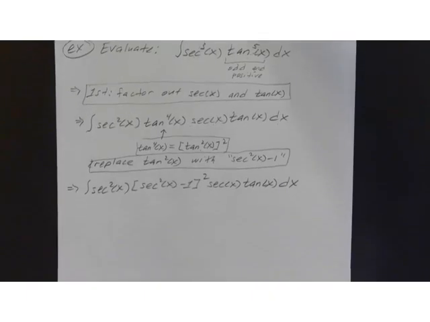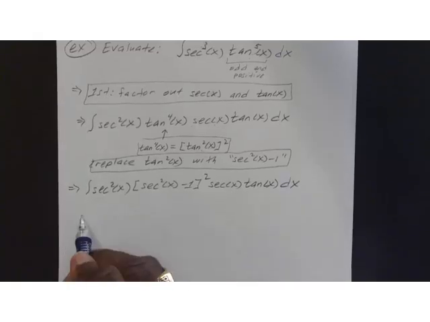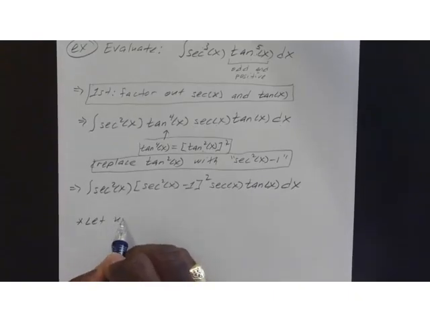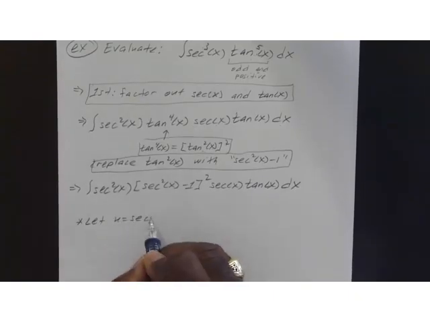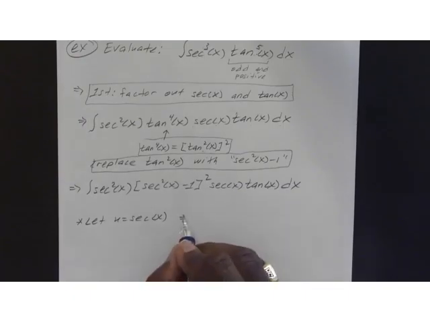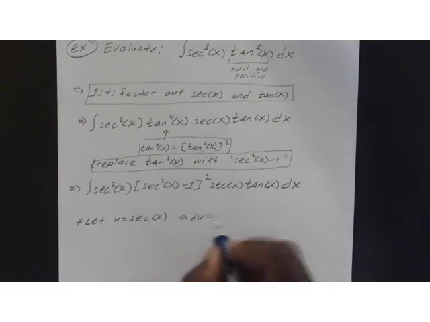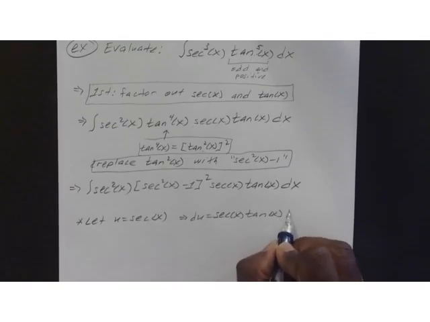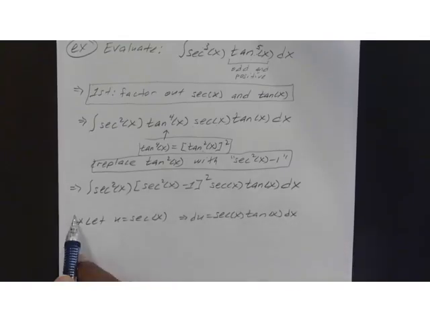All right, so I'm going to give it a little bit of room because I'm going to mark over there. We're going to let u equals secant of x. Means the derivative of u is equal to secant of x times tangent of x with respect to x.